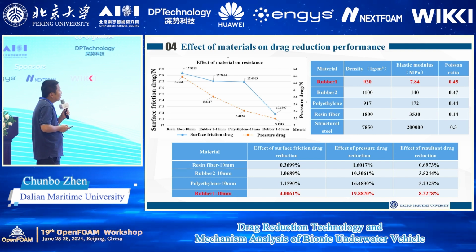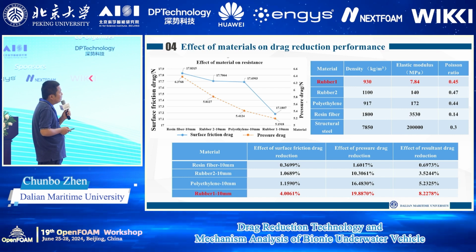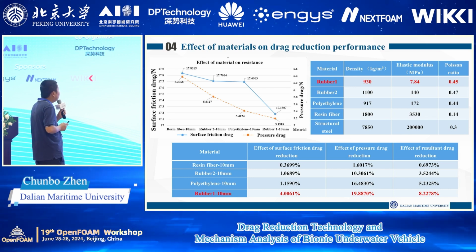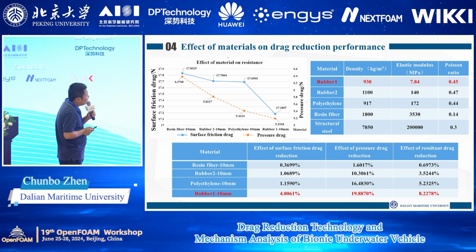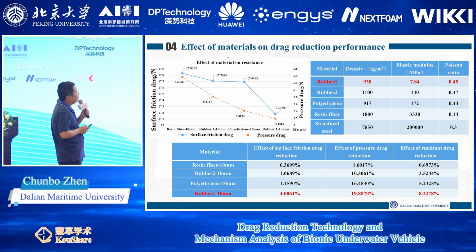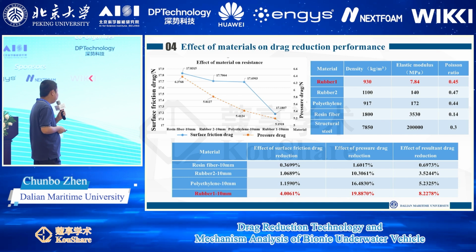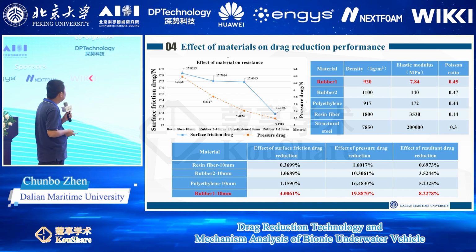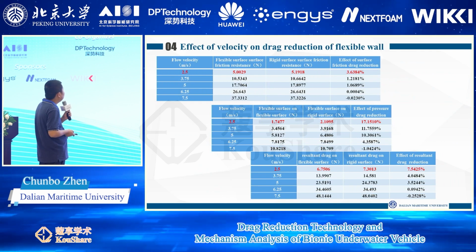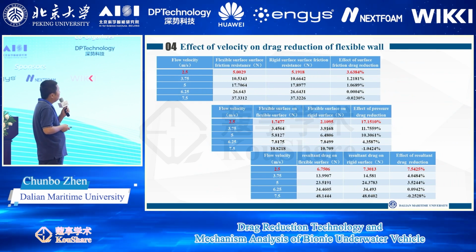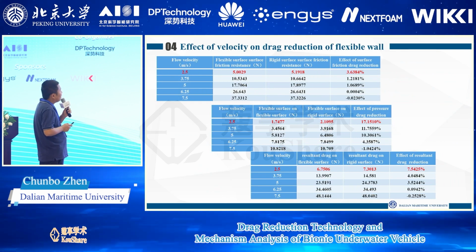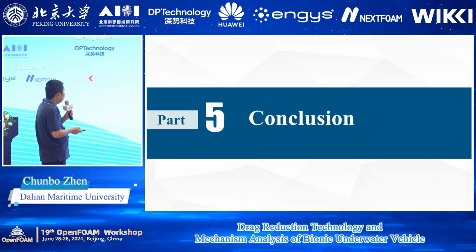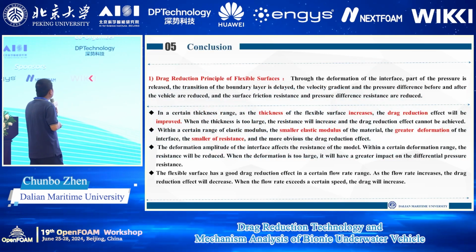From the result, we can see that the mineral rubber one, which has the minimum elastic modulus, has the best drag reduction. This is the effect of velocity on drag reduction on flexible wall. The last is the conclusion.